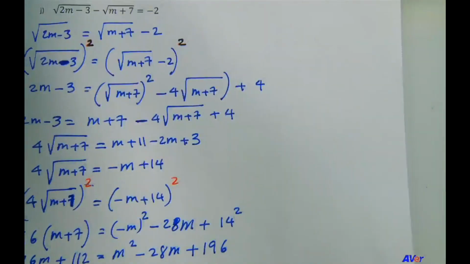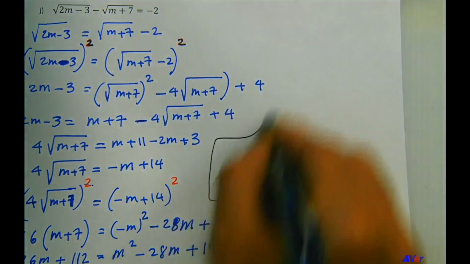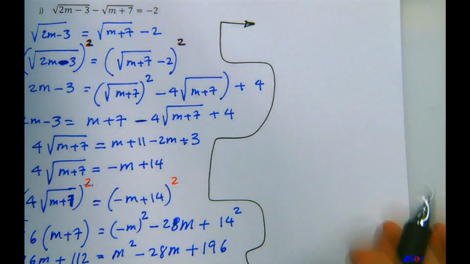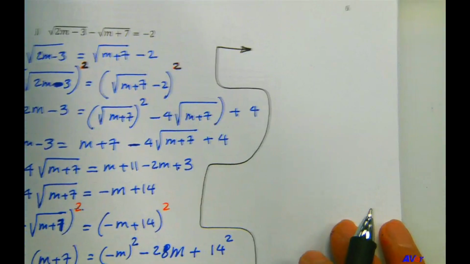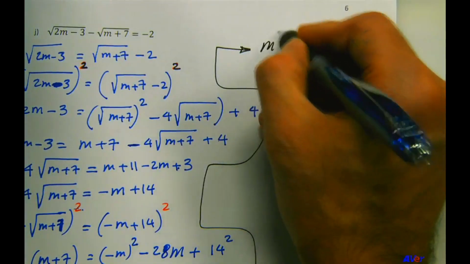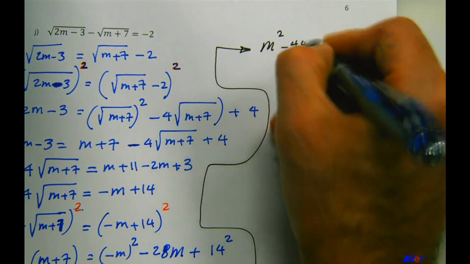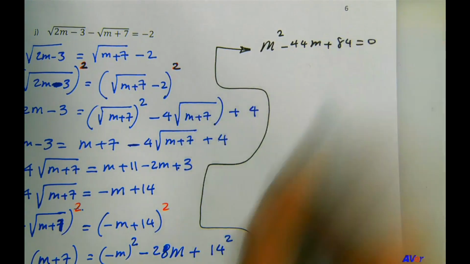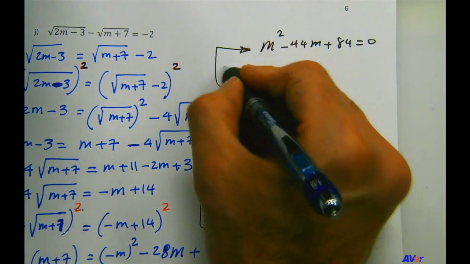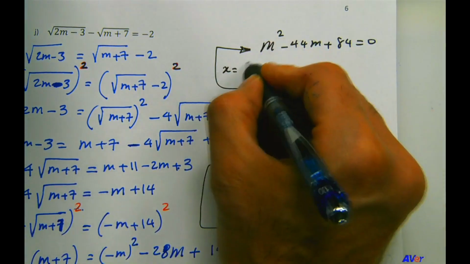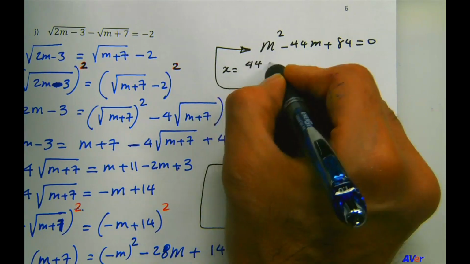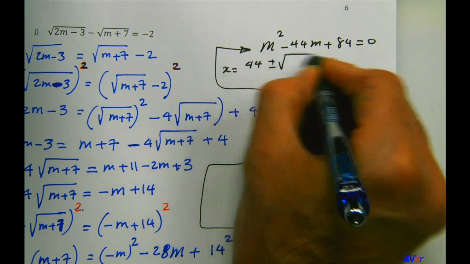So let's move up. I'm going to put that equation here again so we can see it. m squared minus 44m plus 84 equals 0. Okay, applying the quadratic formula would be minus b, which would be positive 44, plus or minus the square root of b squared.